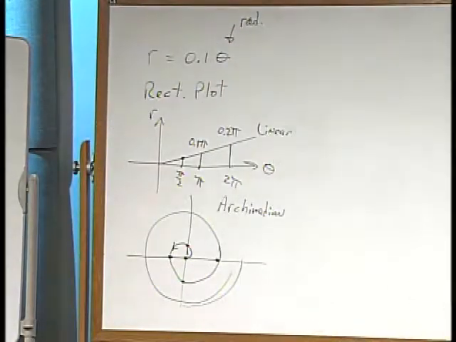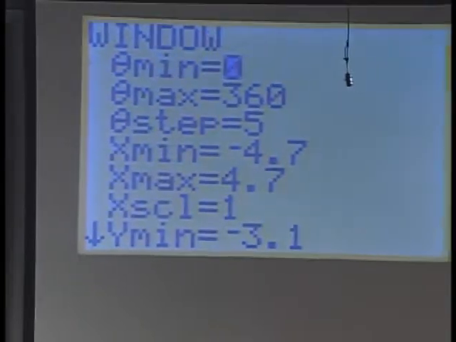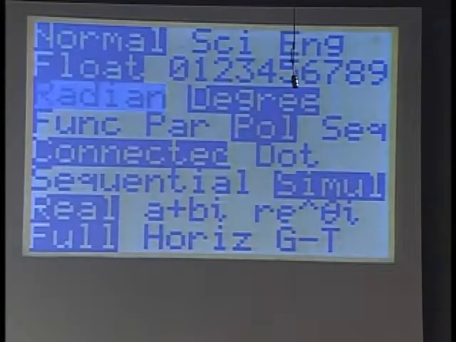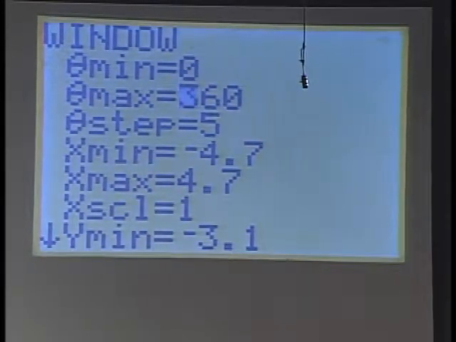Let's kick this into the calculator real quickly, and I'm going to have to change my mode to be in radian measure. And so now I'm going to go from 0 to, let's let it go around several times, okay? Let's say 5 times. That'd be 10 pi, wouldn't it? To 10 pi.